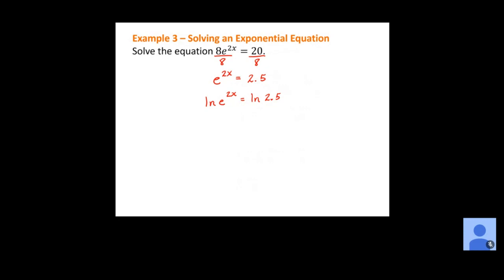Good. We can bring the 2x out front. So we've got 2x natural log of e is equal to the natural log of 2.5. Now, we just need to get x by itself. In this case, though, what is the natural log of e going to be equal to?